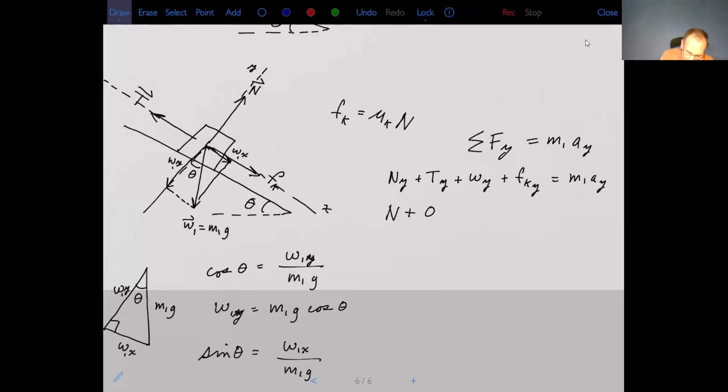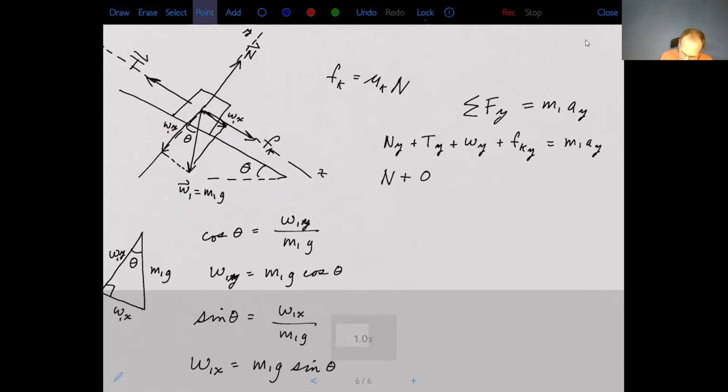If I look at the y component of the weight, well, all of it is acting, but in a negative direction, and we just calculated it earlier. It was this, right? W1y is m1g cosine theta. And it's acting in a negative direction, right? So it's negative m1g cosine theta.